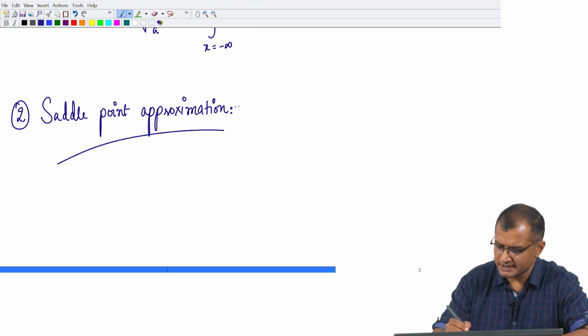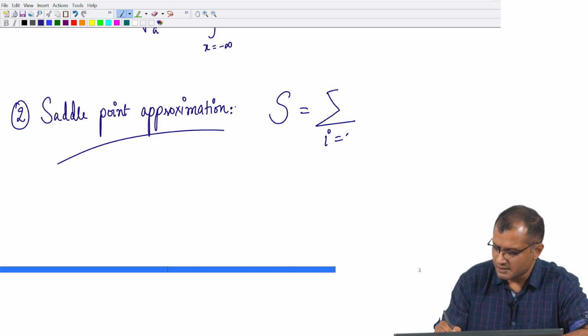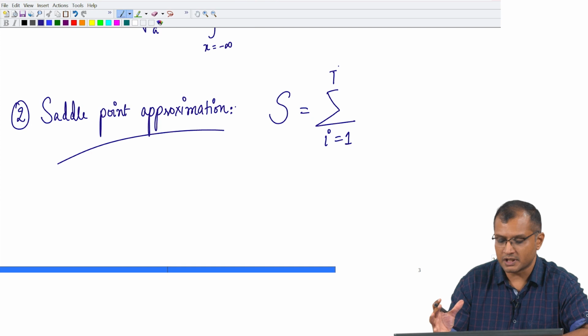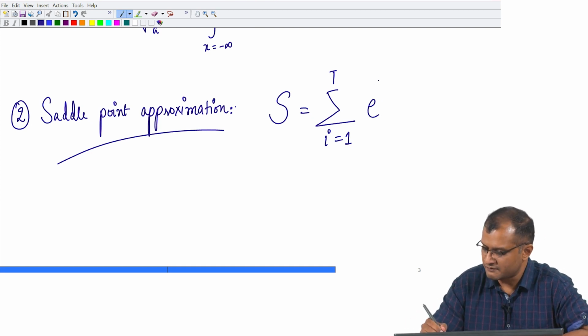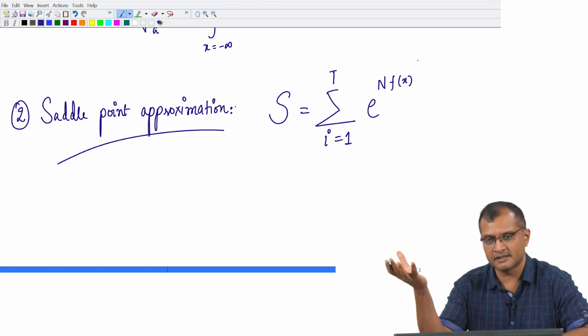So, I will describe this as just an approximation for a sum over a large number of exponentials. So, if I have t exponentials and if I sum them up, and here each exponential is of this form, e to the power some n times a function of x. Let me take this as a function of x. The simplest function of x is x itself.